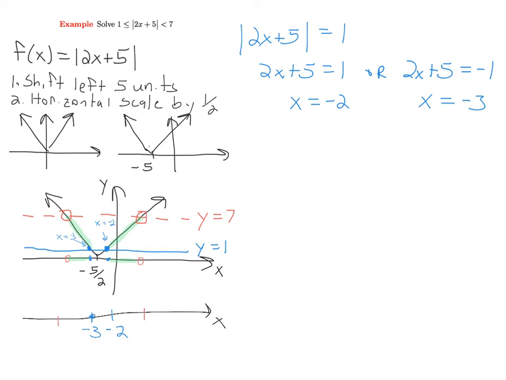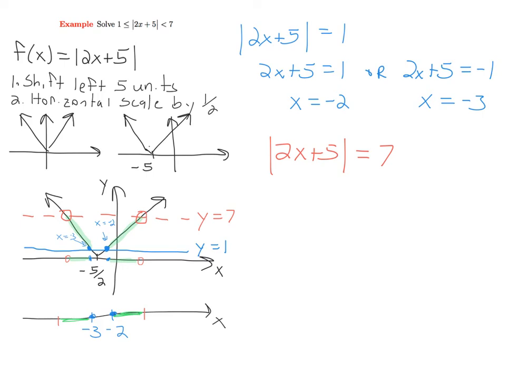And then we solve the inequality for when it's less than 7, by finding out where the absolute value graph 2x plus 5 is equal to 7. That's going to be where we intersect the dashed line.